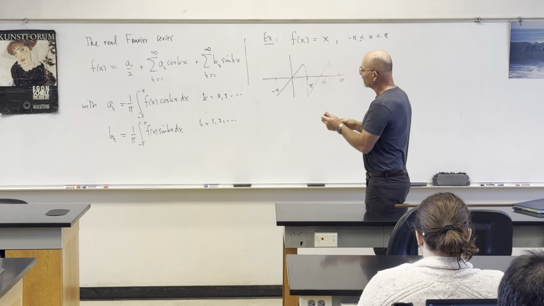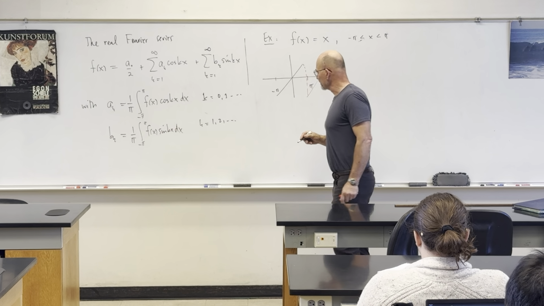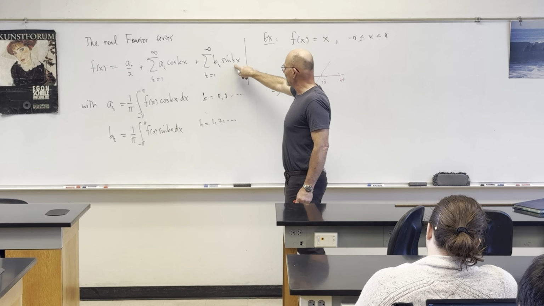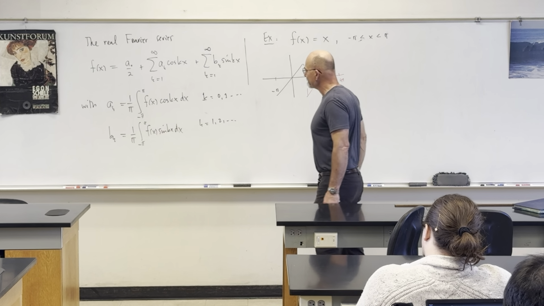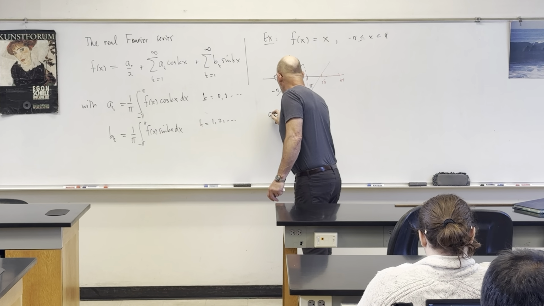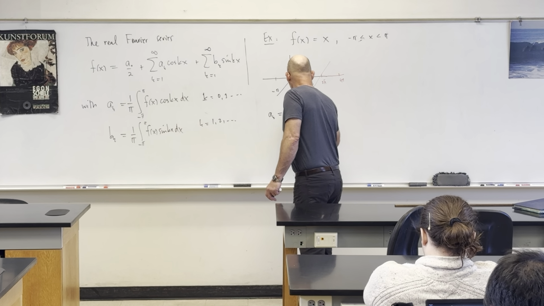So let's look at what we have here. This time, it's just going to be b sub k sine kx. So a sub k is equal to 0 for all k.